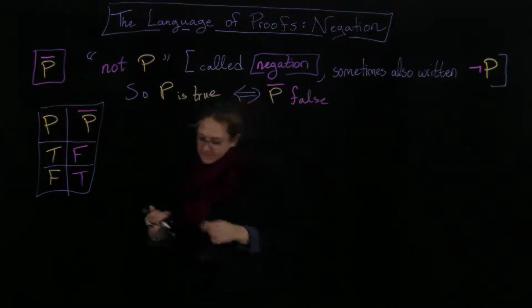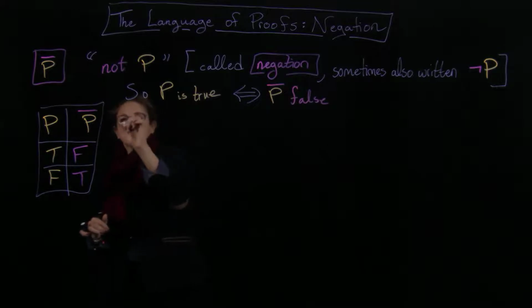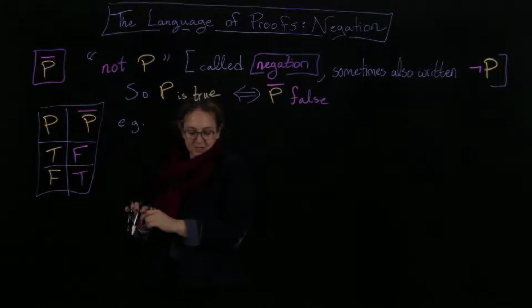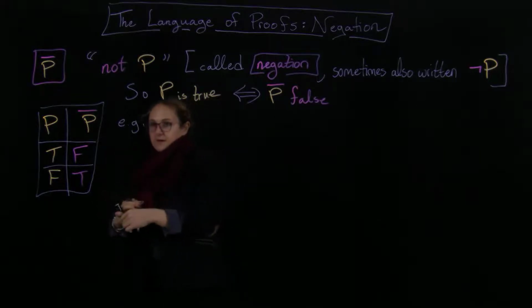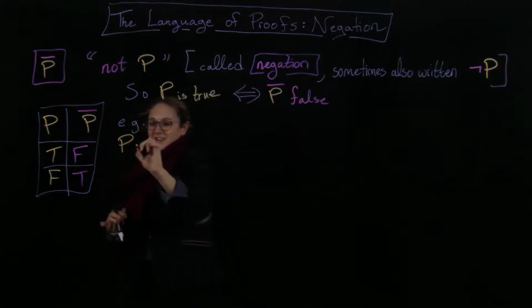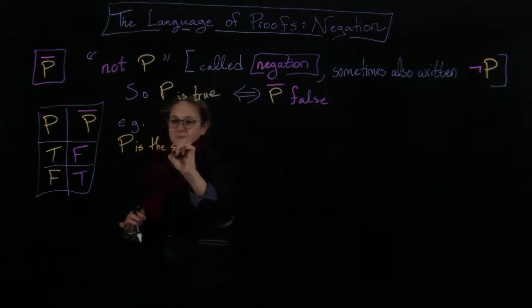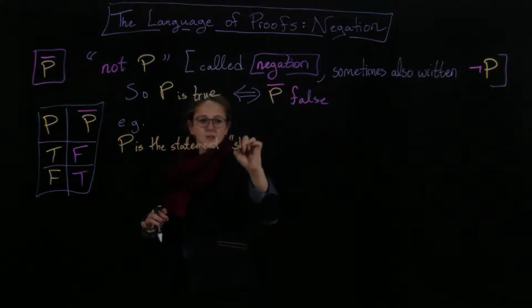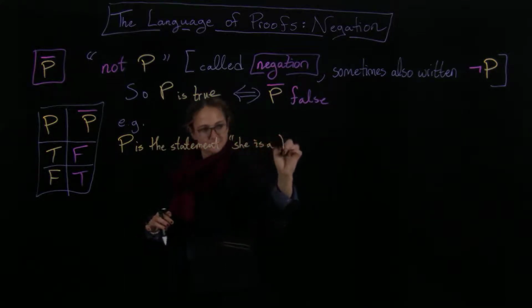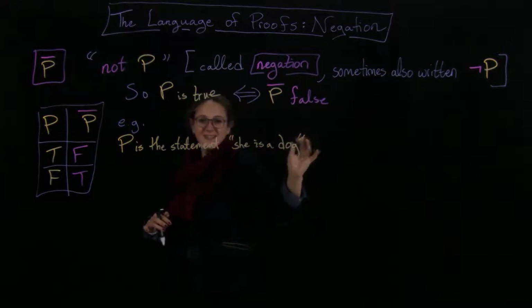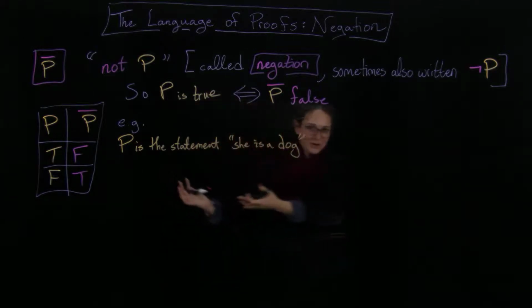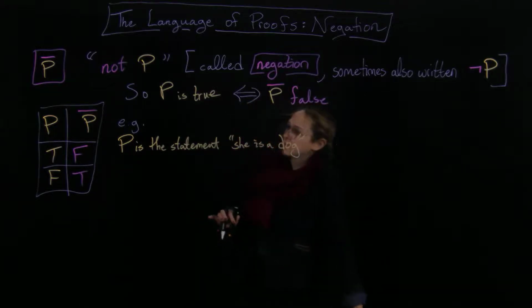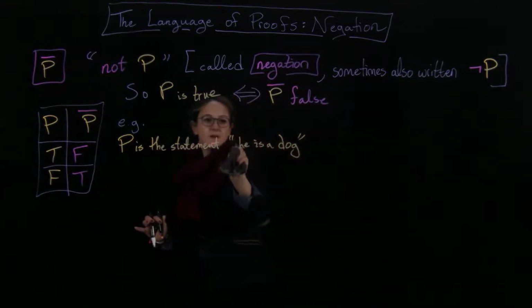Okay? So for example, let's say that P is the statement, he is a dog. I have a dog, Pierre, so P, like Pierre, he is a dog.